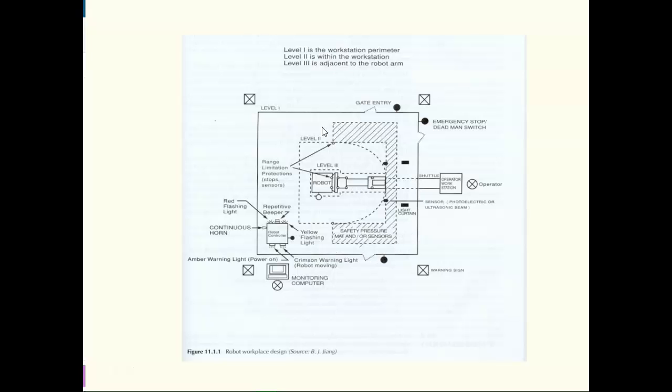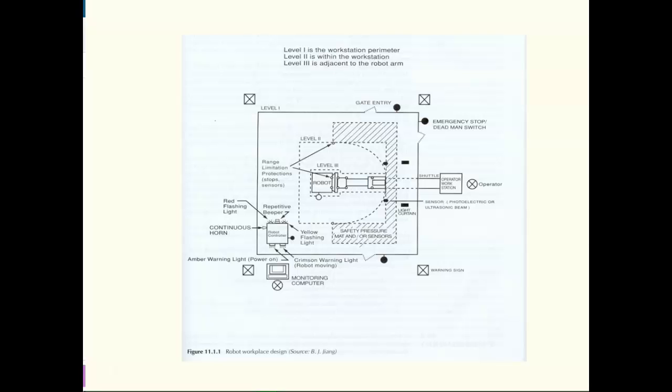You have the level 2. That's where you're going to have auxiliary sensors. This can be found as a safety pressure mat and or sensors. One of the things you might have at the level 1 going to level 2 side is what's called a door interlock. And what a door interlock does is what?